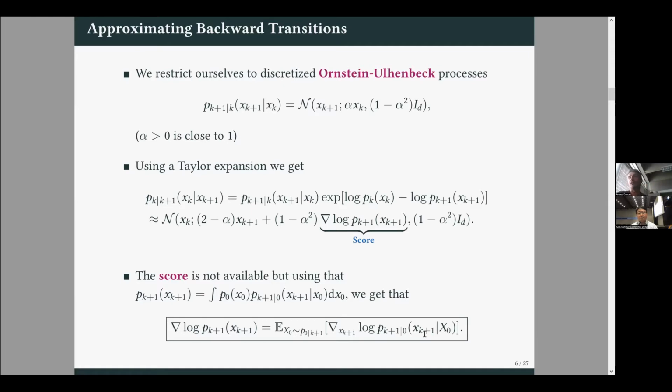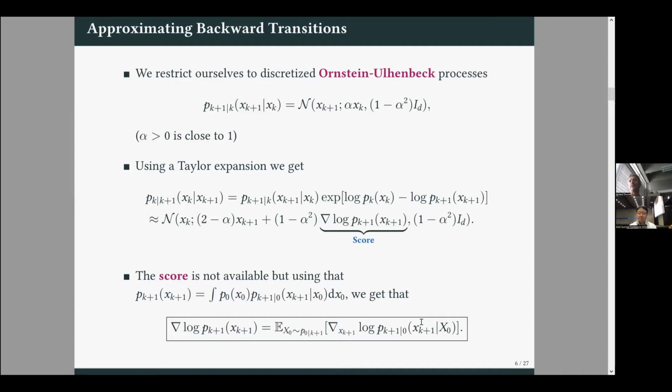And this is with respect to the distribution of x_0 given x_{k+1}. So I have rewritten this intractable quantity as the expectation of a quantity I know exactly, but with respect to the distribution of x_0 given x_{k+1}, which is still intractable.